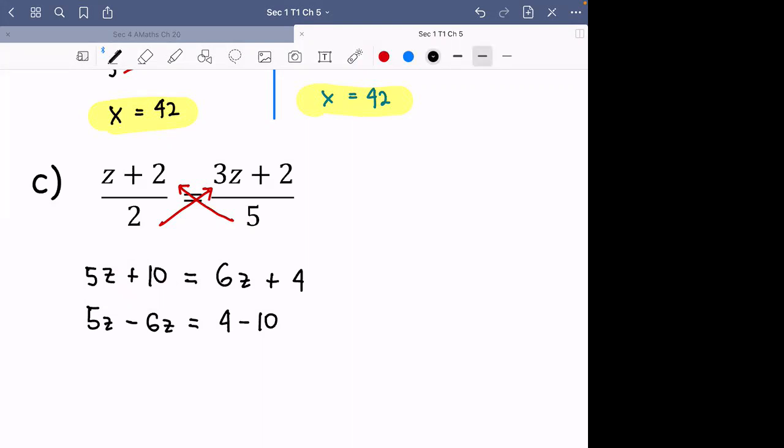And then let's answer them now. 5 minus 6z is negative z, equals 4 minus 10 is negative 6. Let me ask you something. Is this my final answer?